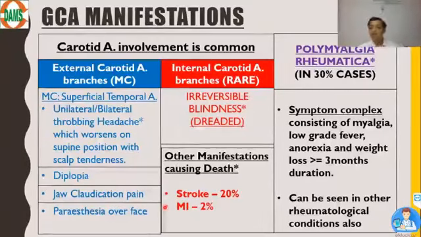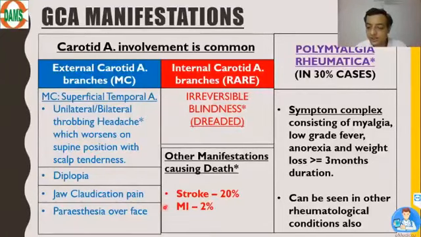So what we have understood here is that when an elderly female has headache and constitutional symptoms, think of GCA. Because if you don't treat early, they can develop dangerous complications like blindness, stroke, and myocardial infarction.